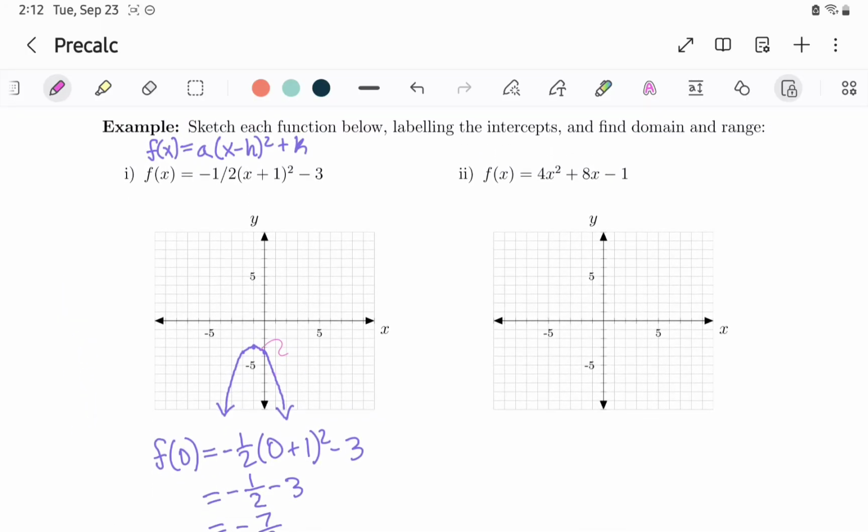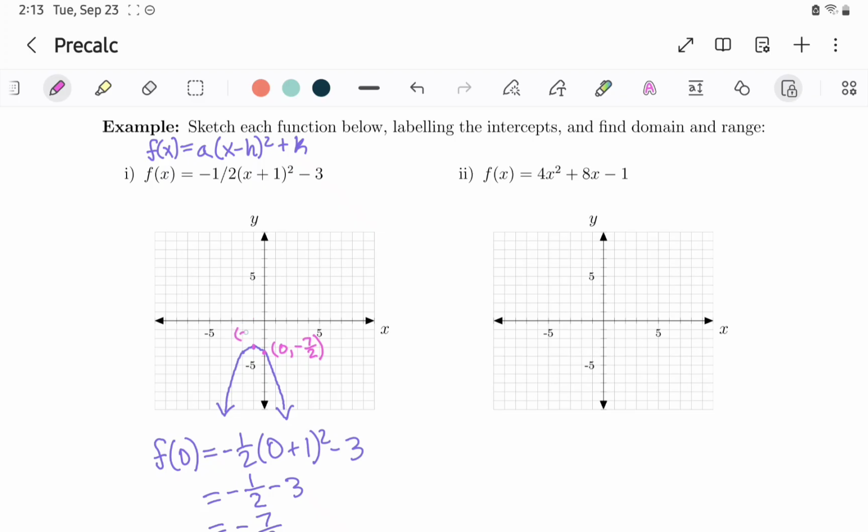Okay, so let's label the one intercept, which is only going to be the y-intercept. Again, this is going to be the point (0, -7/2). And let's go ahead and label the vertex too, just because, even though the instructions don't tell us to, we will.